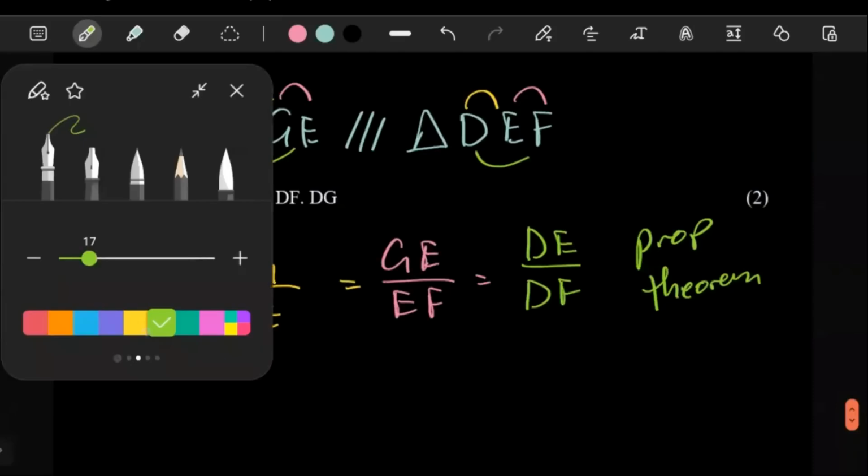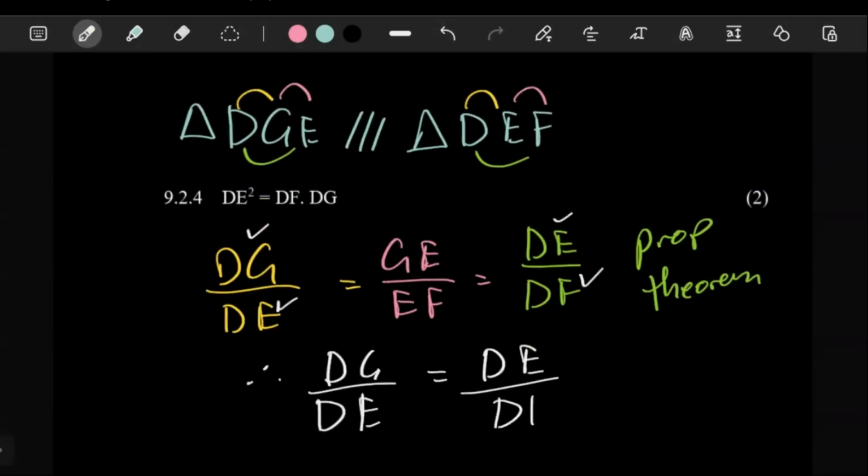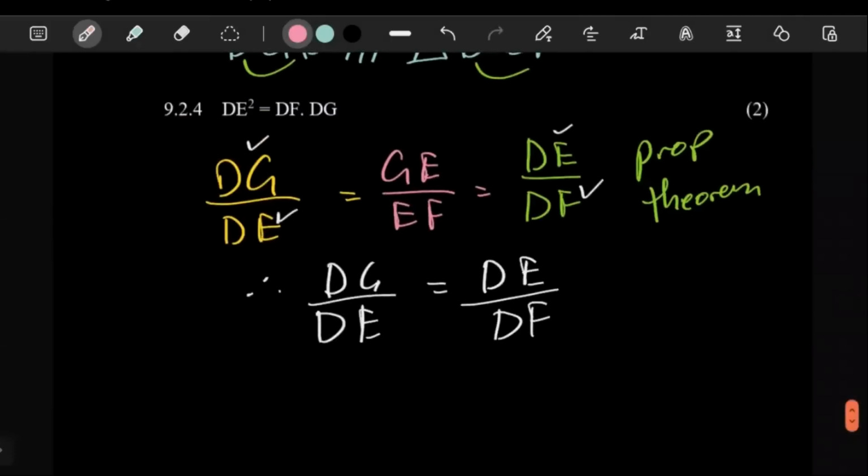Now with these statements, we have to choose two of them that have these lines. There's DG here, and we need something with DE. These two both have DE, so these are the two we're going to pick. So here we can say DG over DE is equal to DE over DF, and then we cross multiply.